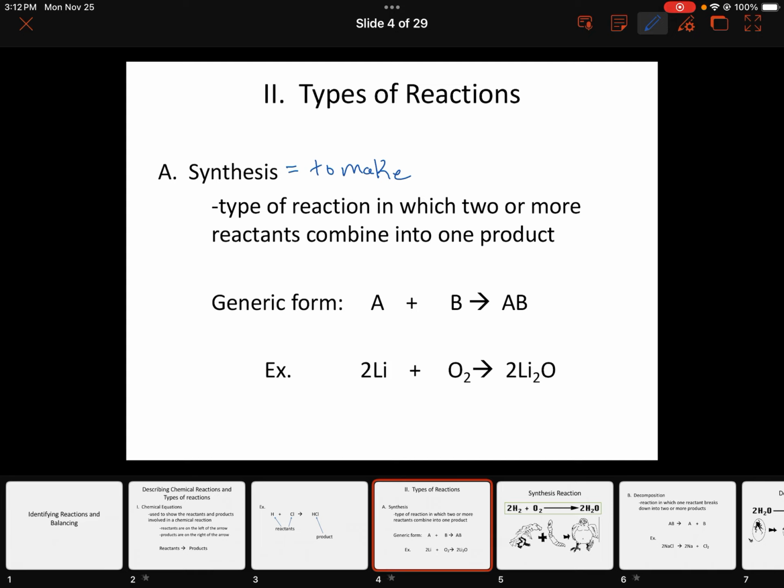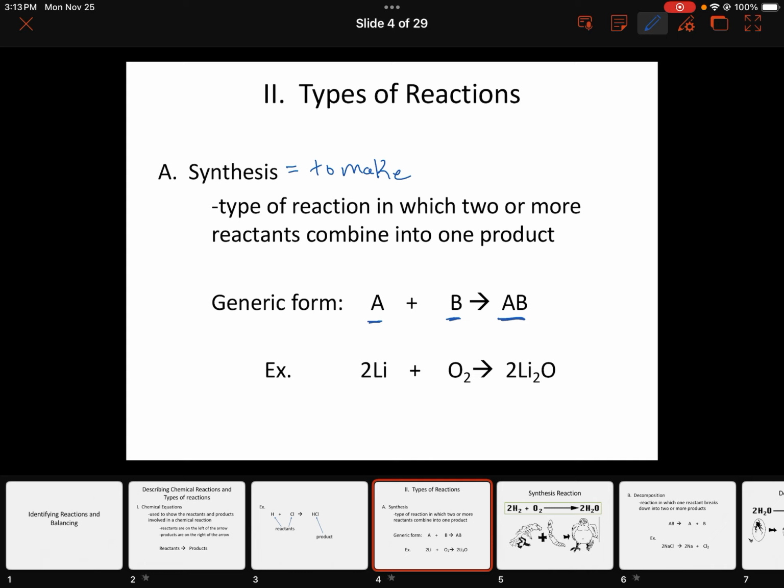The way we'll see them is this generic form: some element or compound A, some element or compound B, joins together. The idea here, A starts out separate from B, and they're joined together to form something AB. And so when we put this into practice, we look at this, Li plus O2 yields 2Li2O.